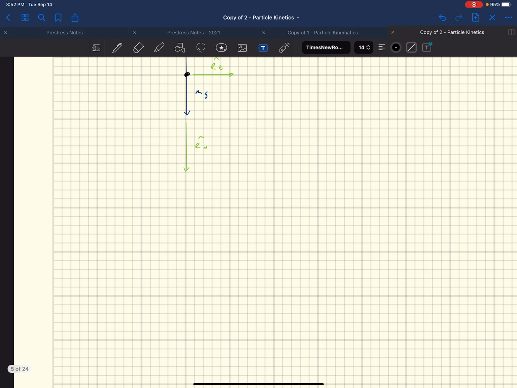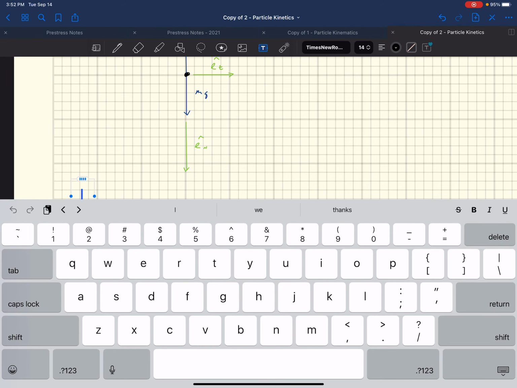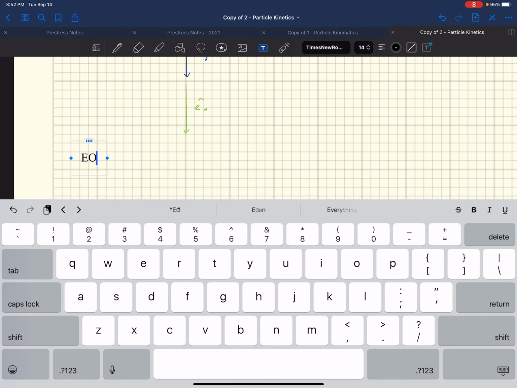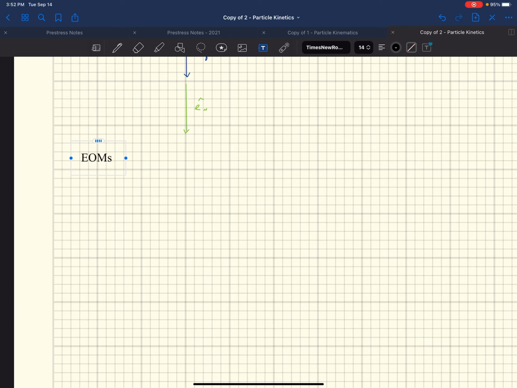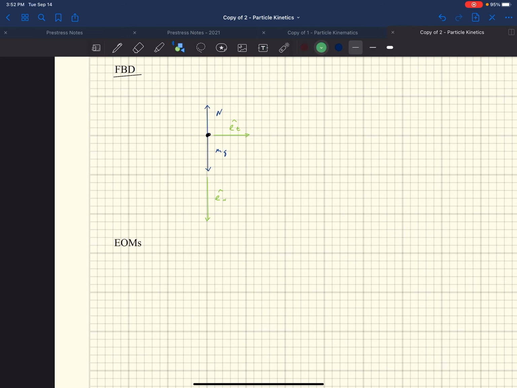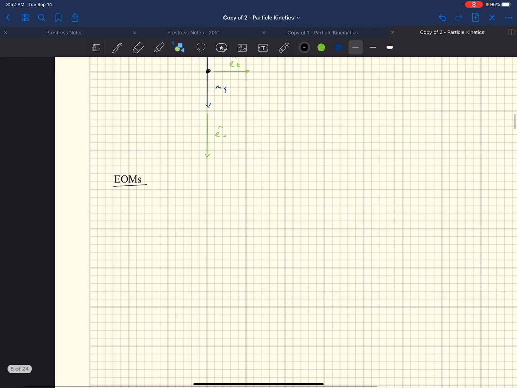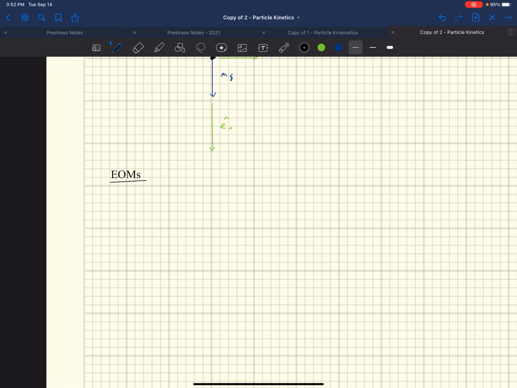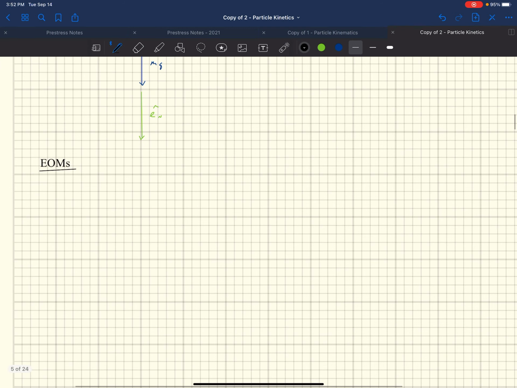The second part of the problem solving strategy is to write my equations of motion. I have two different directions to deal with here. First, the t direction. In the t direction, I'm going to sum all my forces.